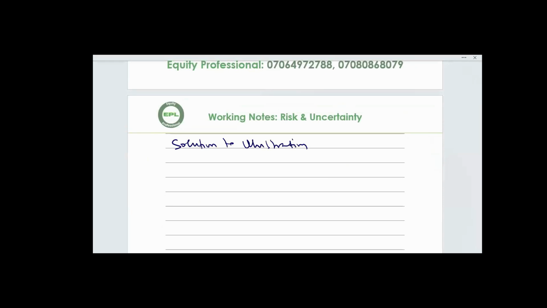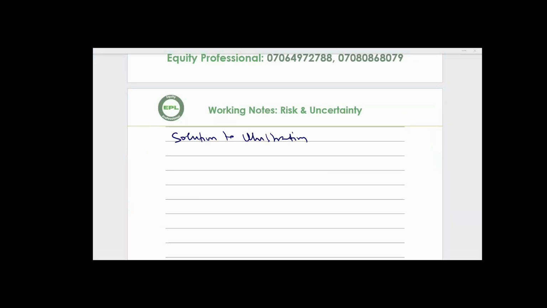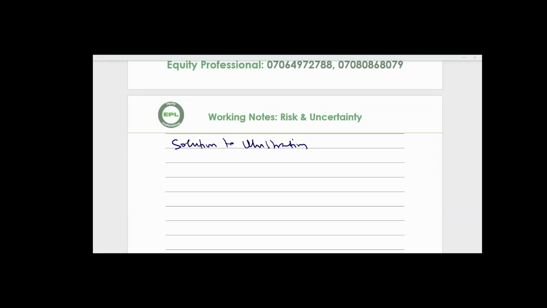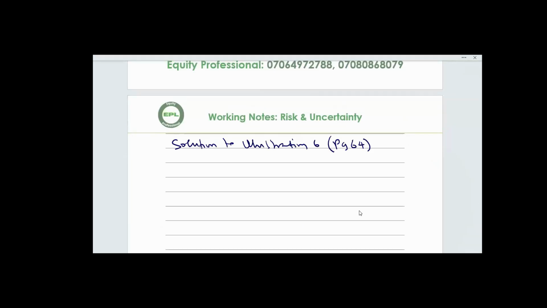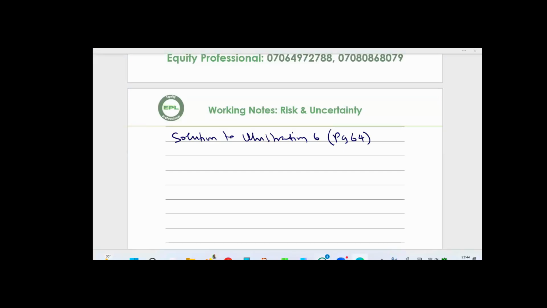So solution, illustration number 6, page 64. All right, the name of the company is Equity Pro Limited.